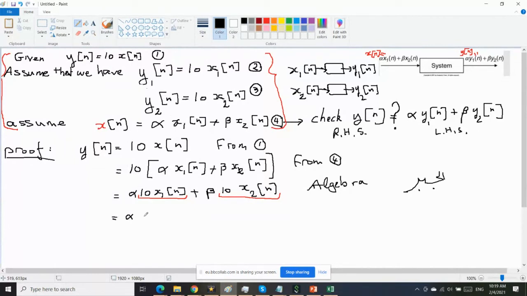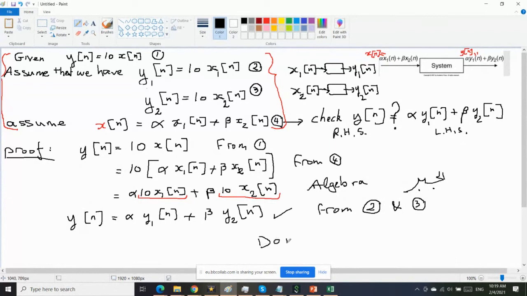So we can write this as alpha y1[n] plus beta y2[n], from equations 2 and 3. And we have proved it. Done. So we have proved this.